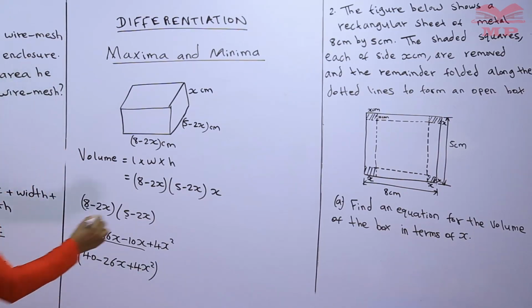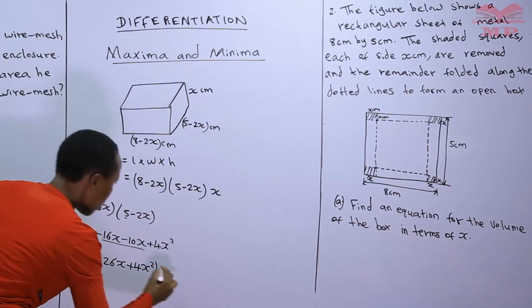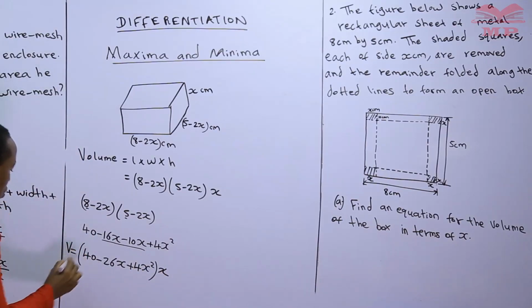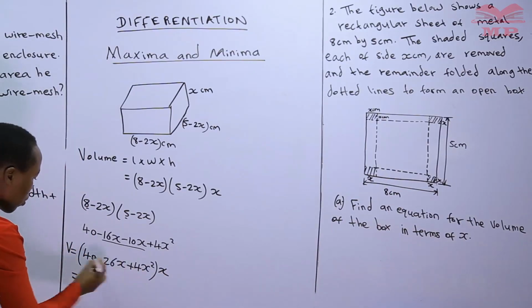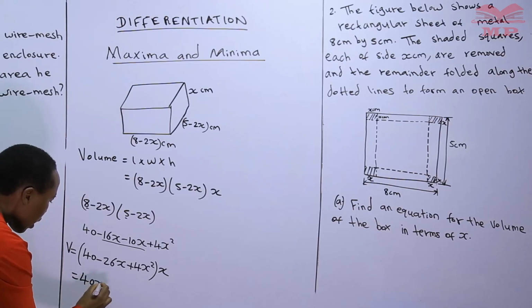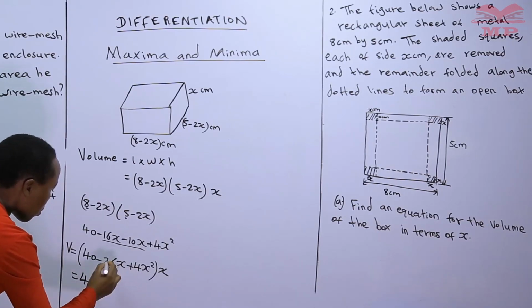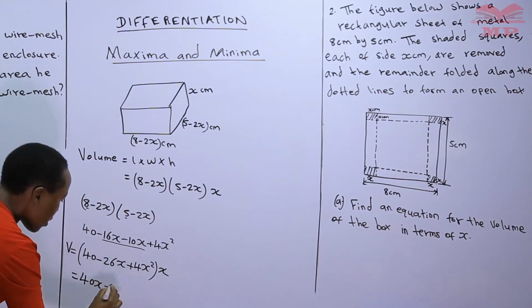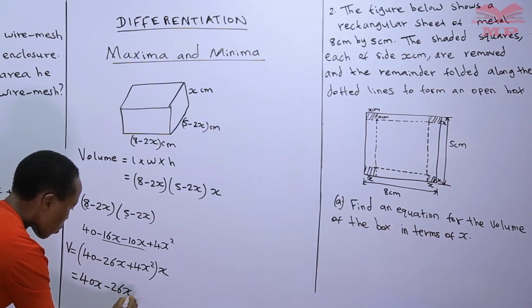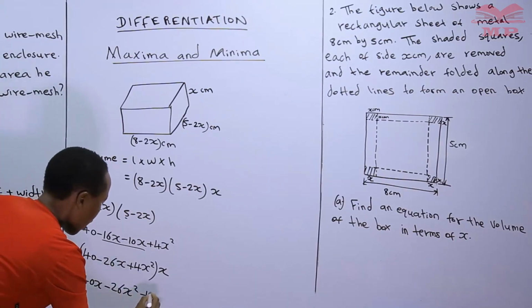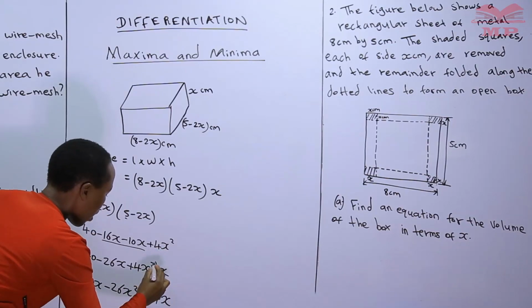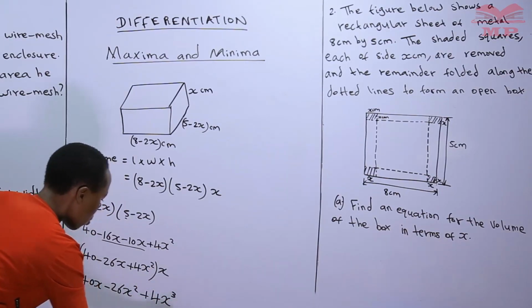Then all of it, we multiply by x so that we can get our volume. Therefore, our volume will be 40x minus 26x times x, that is 26x squared, then plus 4x squared times x, that is 4x cubed.